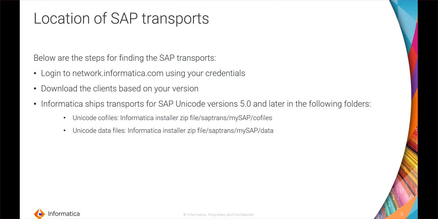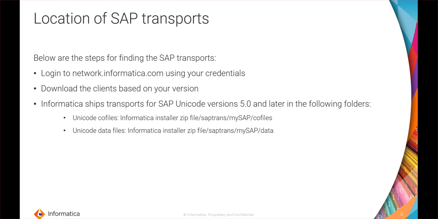For different versions of PowerCenter, the transports shipped along with it are different, so we have to download and access the transports corresponding to your version. These transports are backward compatible. That means if we use the transports for 10.5.4, they will be compatible with the PowerCenter machine of 10.5.1, but the 10.5.1 transports won't be compatible with 10.5.4.